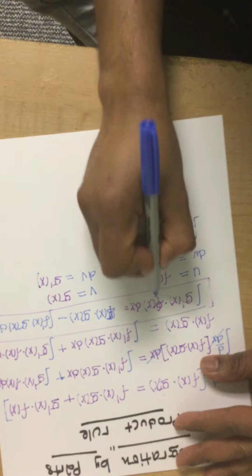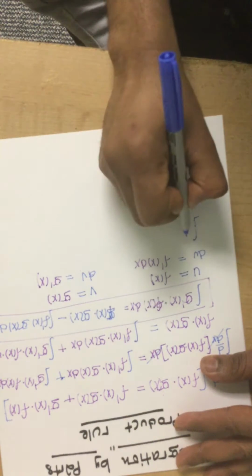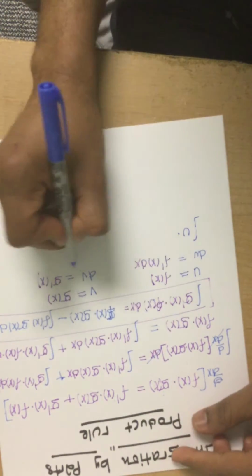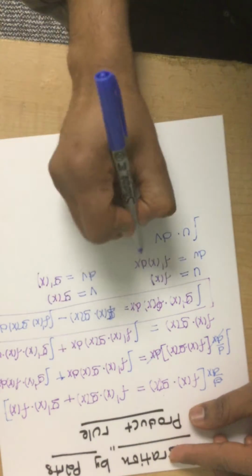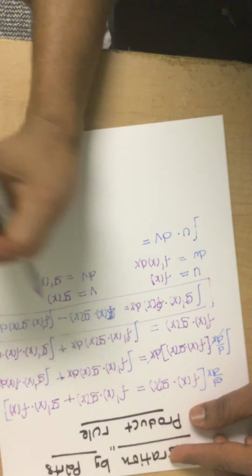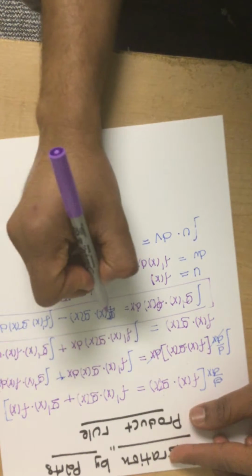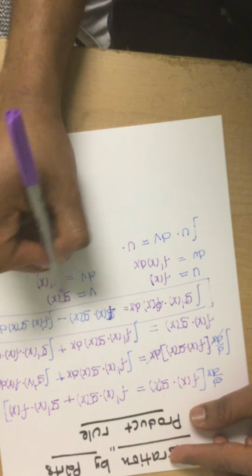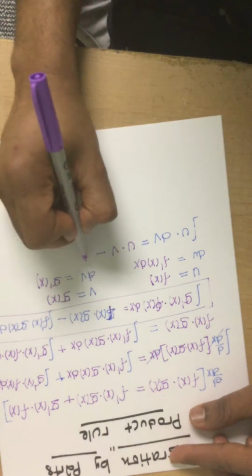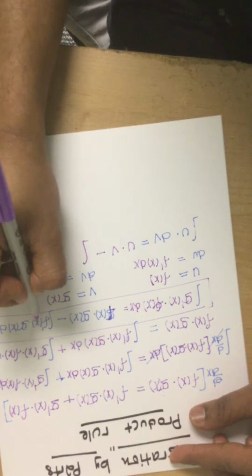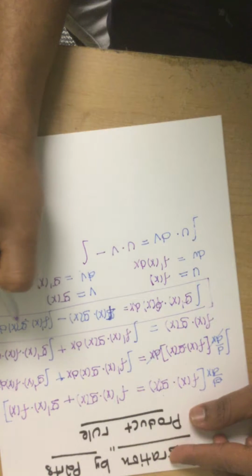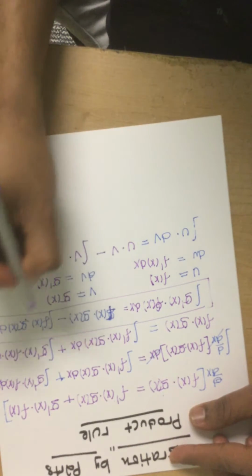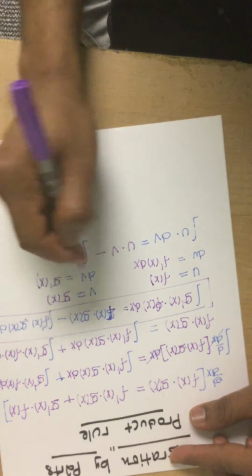So what I'm going to get is u times dv, which is equal to u times v, minus the integral of v times du.